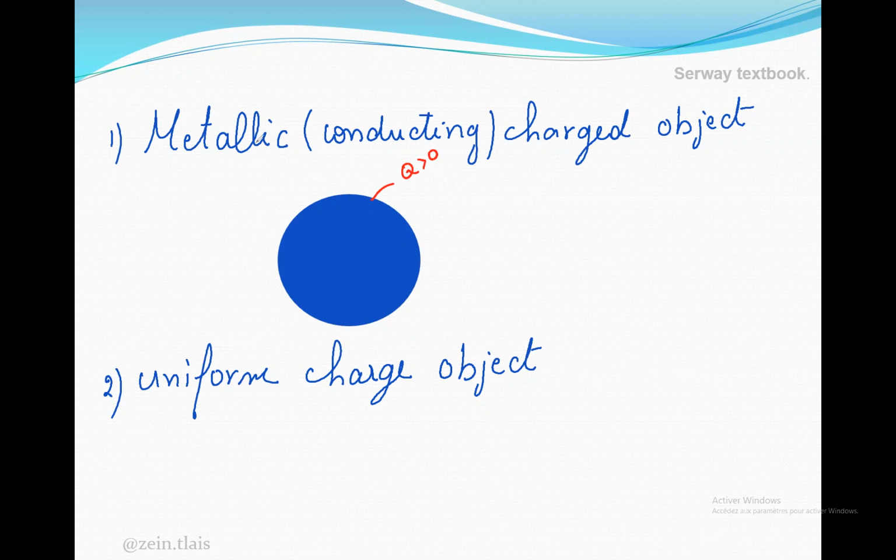In the case of the metallic charged object, these positive charges must be distributed on the surface of this volume. So, like this. Okay, I am drawing 3 dimensions, but we cannot see here.